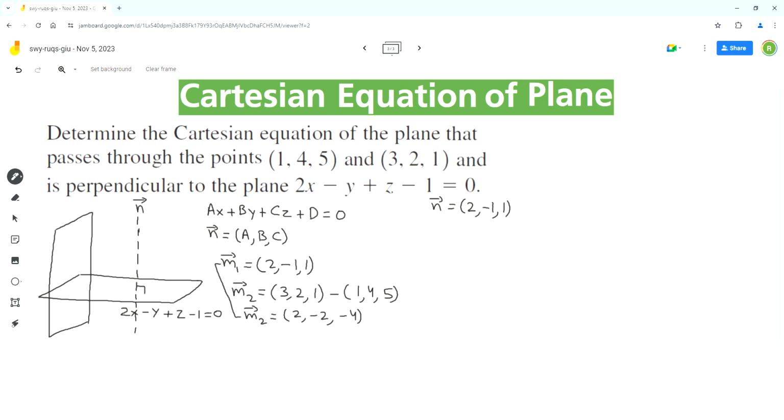We can use these two direction vectors to find the normal vector for our plane. We should do the cross product for these two direction vectors, because the cross product of two vectors gives us a vector that's perpendicular to the two vectors for which we are doing the cross product.